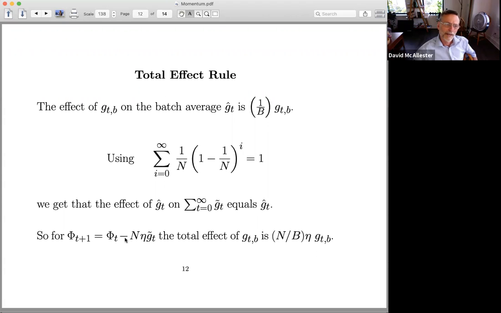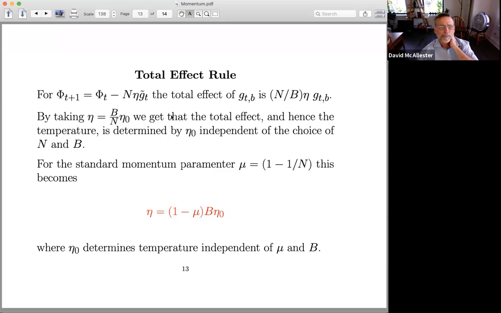But this is the update we're doing, right? So the total effect of a given training point is n divided by b times eta times the gradient of that training point. The batch size b reduces the effect by b. This update equation increases the effect by n. So that's the total effect.